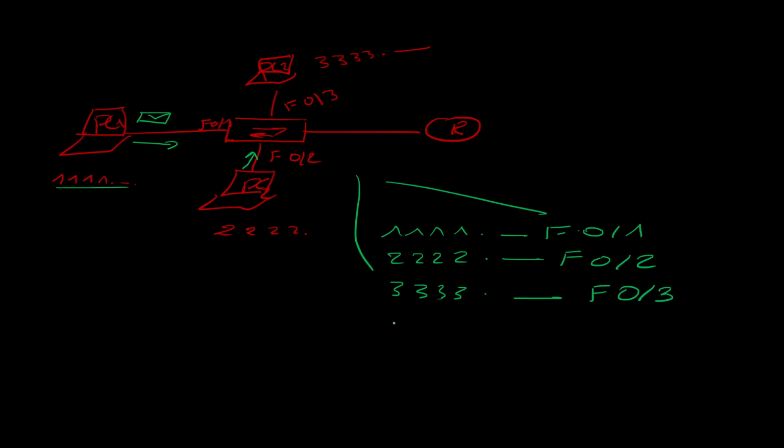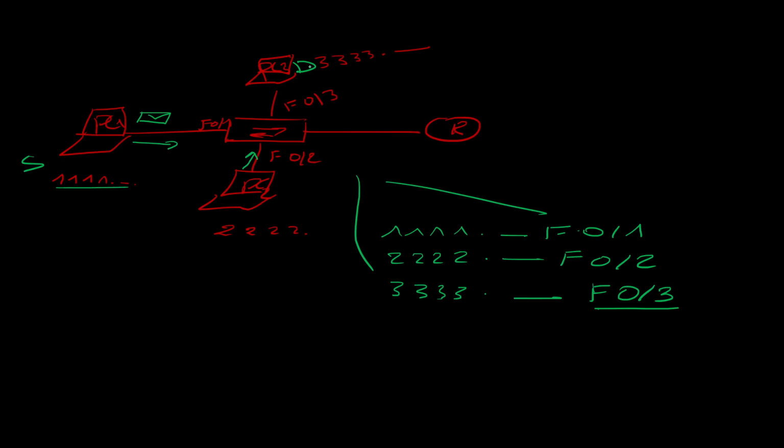This way, when the switch gets a frame from PC1 destined for PC3, where this is the source and this is the destination, the switch will open the MAC address table and see that PC3 is connected via Fast Ethernet 0/3.